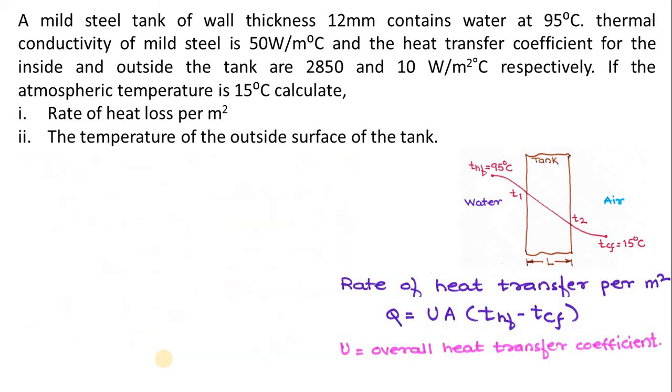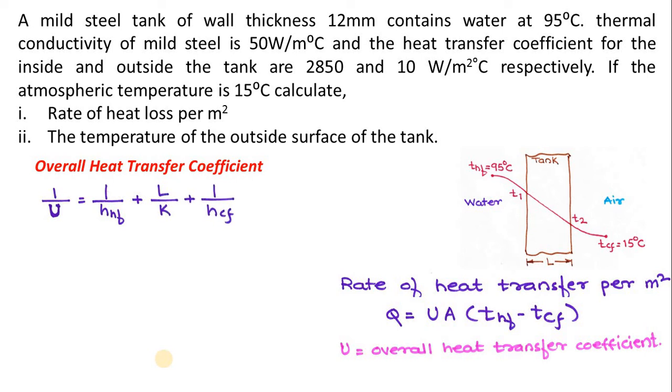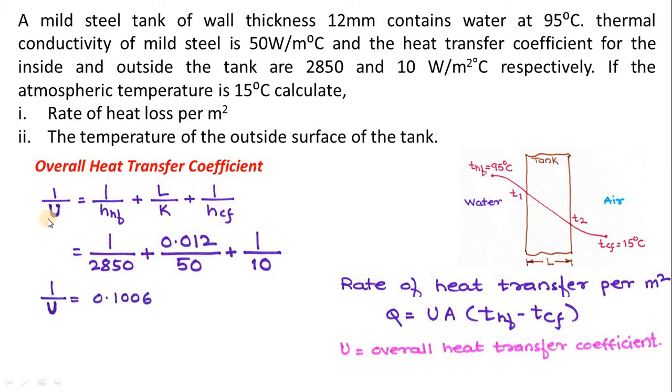So let's find out this U. Instead of taking U is equal to 1 upon this term, I have taken 1 upon U is equal to this one. We know the value of HHF, L, K and HCF. By this means you will get the value of 1 upon U, which is equal to 0.1006.